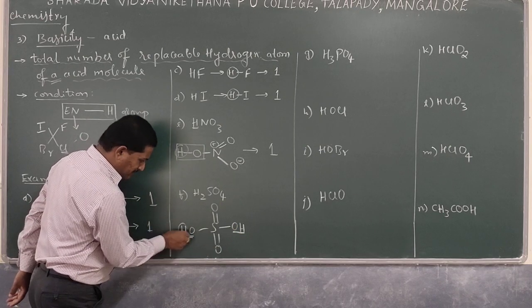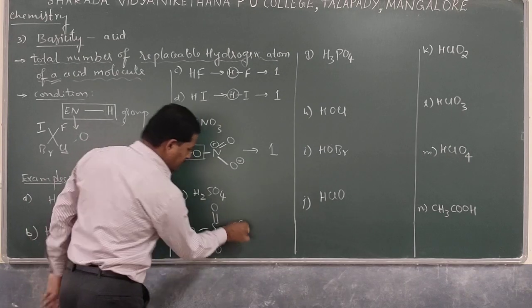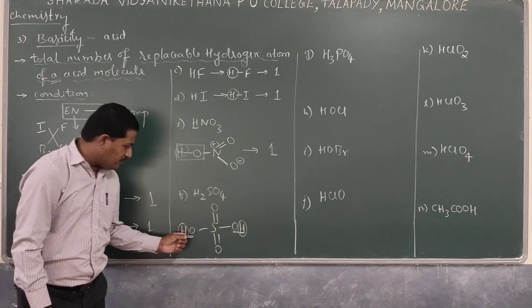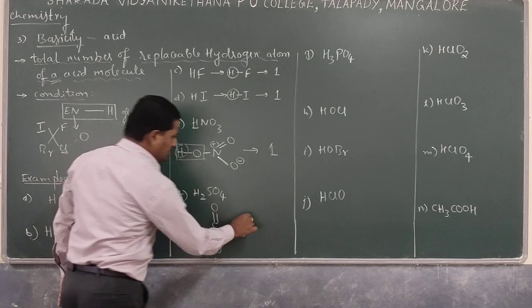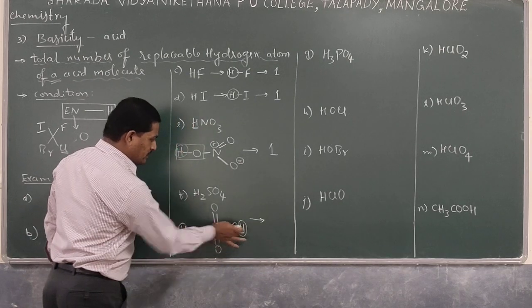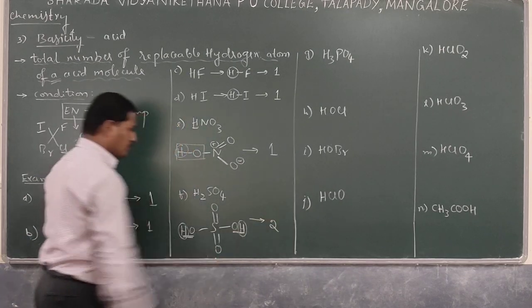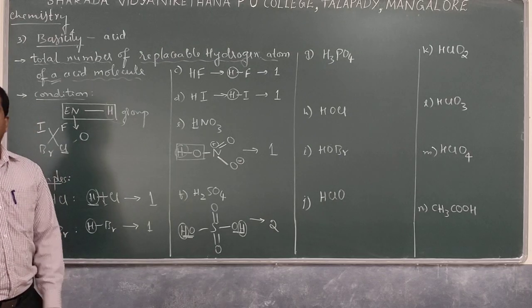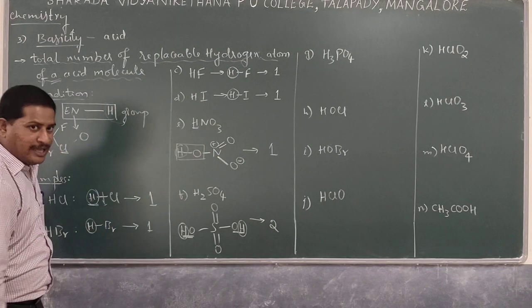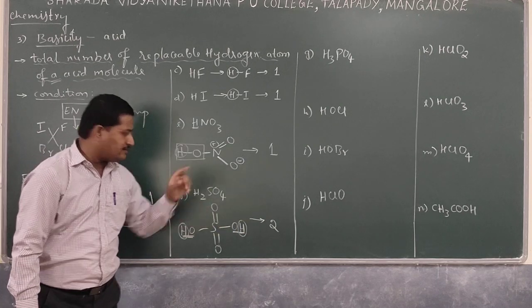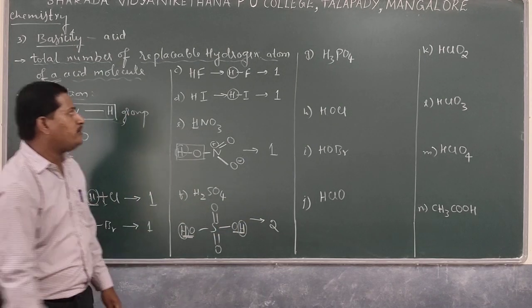So here one replaceable hydrogen is present, and here one replaceable hydrogen is present. That means here one, and those are present in the same molecule. So the total number of replaceable hydrogens is 1 plus 1, it is 2. So sulfuric acid shows basicity 2. Nitric acid 1, and all the other hydrogen halides are 1, but sulfuric acid's basicity is found to be 2.